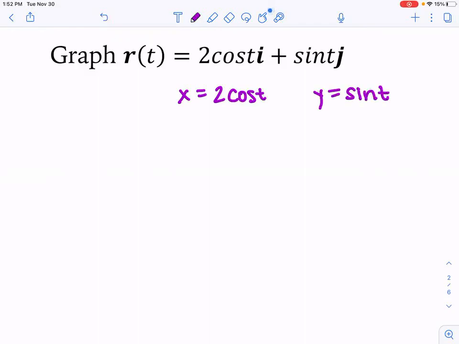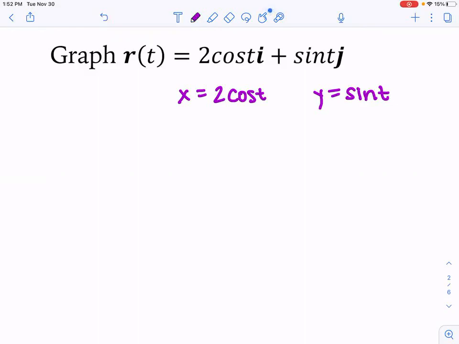If that's our set of parametric equations, how do we eliminate the parameter? Normally, I would say solve for t, but in this case, we have a different strategy.